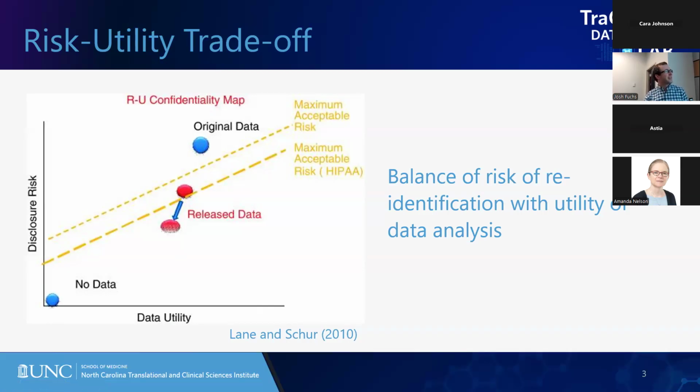What these data enclaves are trying to do is find where in this plane the data that we release can exist so that it's useful to people, but also secure. The original data is going to live somewhere up here, as indicated by this blue dot. There's some maximum acceptable risk, shown by this dashed line, that was moved down by HIPAA.